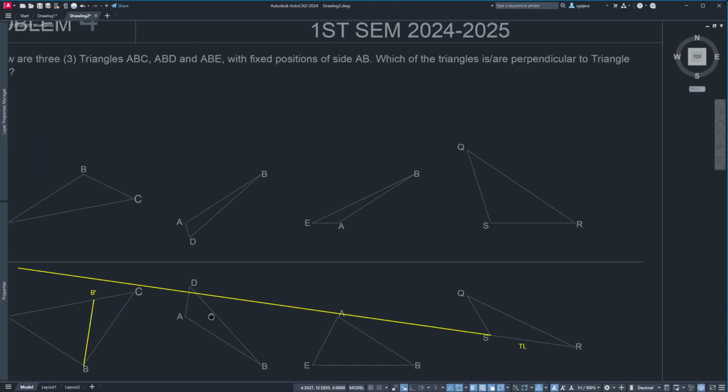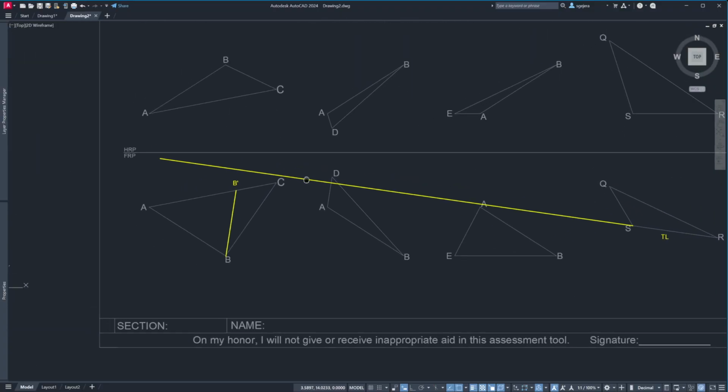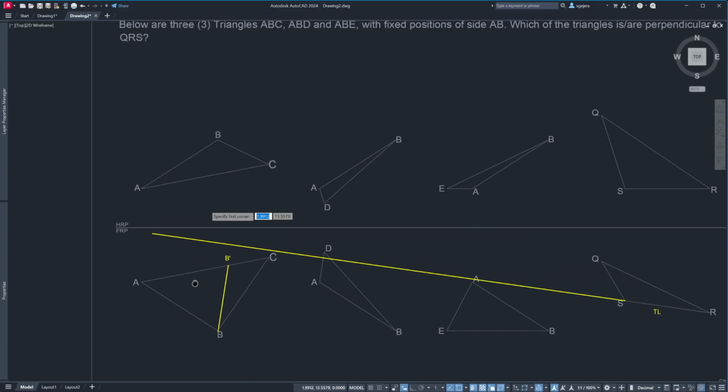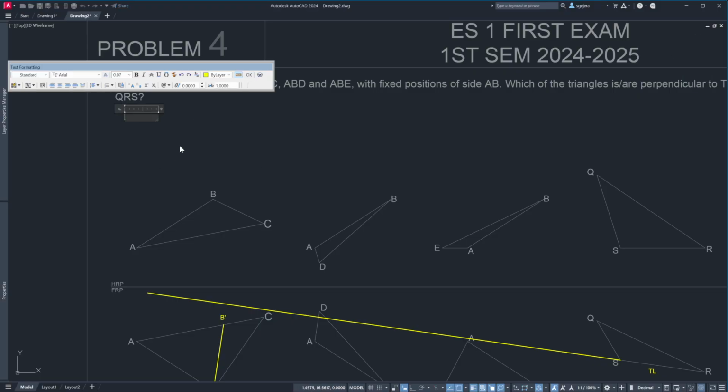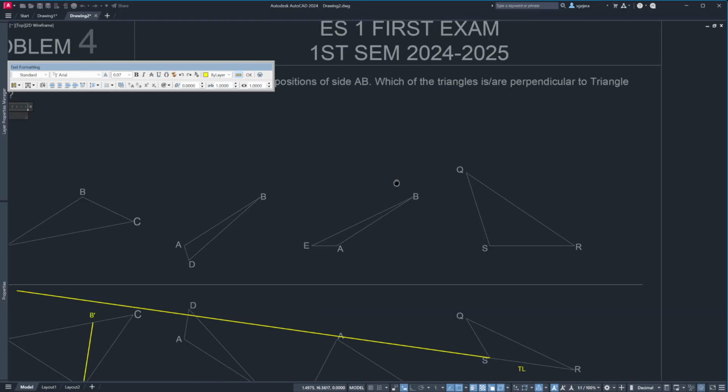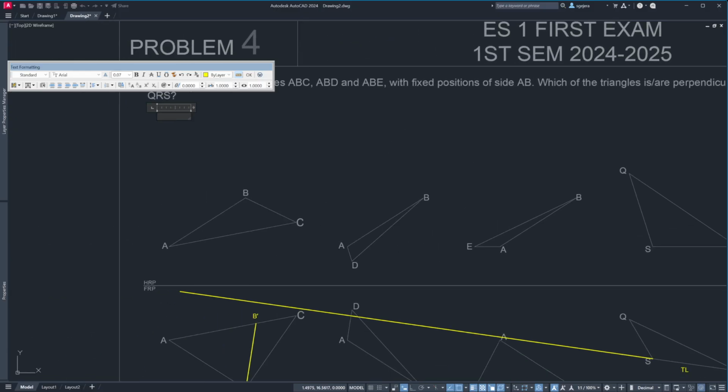And for this case, let's write down our proofs, no? Para mas madali natin ma-keep track. So I'll just write it down column by column, no? For example, I'll write down all the proofs related to ABC dito sa side na to, all the proofs related to ABD dito sa side na to, all the proofs related to EAB on this side, right? So let's start with dito, BB prime is perpendicular, and let me just get a perpendicular symbol.